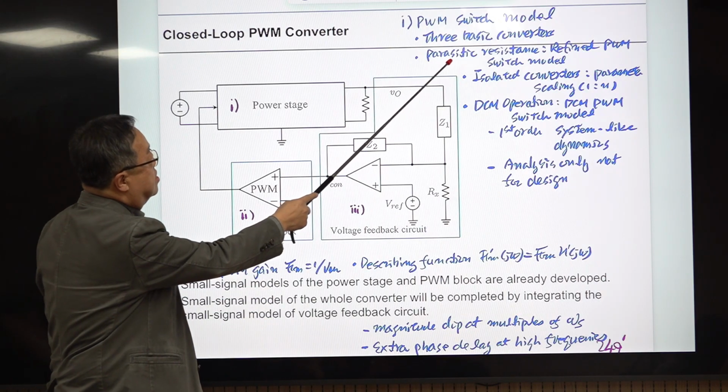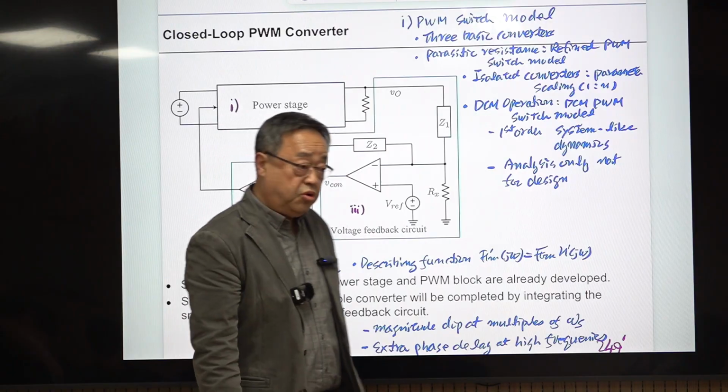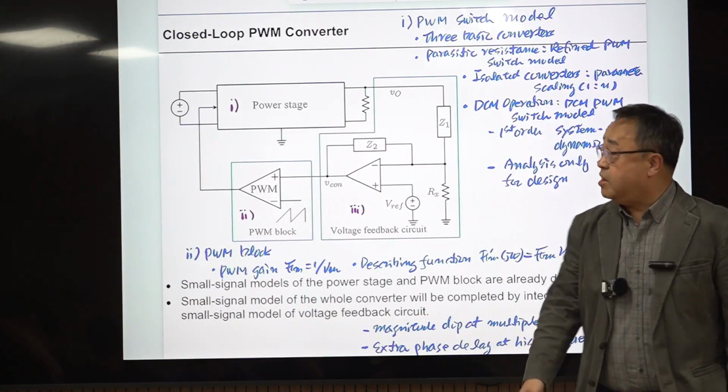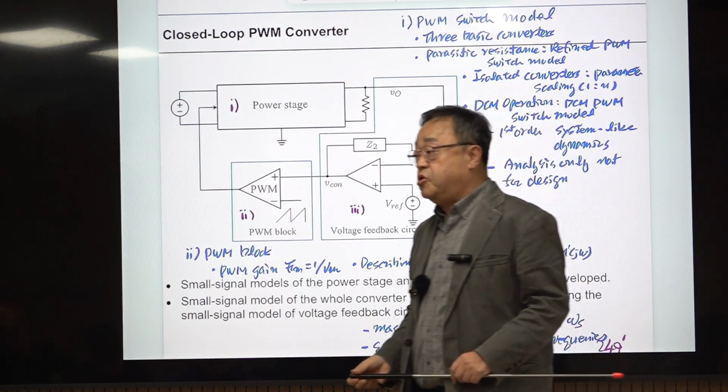And to extend the application of that model, we considered 3 cases. And the first case is the case with parasitic resistance of the reactive components. And the second case, we considered isolated converter cases. And finally, actually we did this first, DCM operation of the converter. So for this case, we derived the refined PWM switch model.